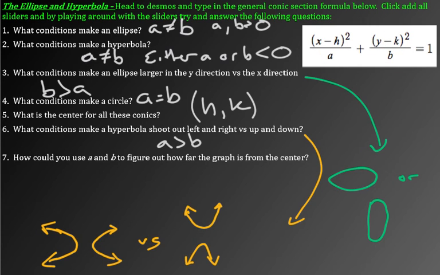And the last one is pretty tricky, but I'll probably do this one in class just to really show you what's happening. You can use A and B to figure out how far the graph is from the center, right? So if the center of my ellipse is here, let's do A and B in different colors.